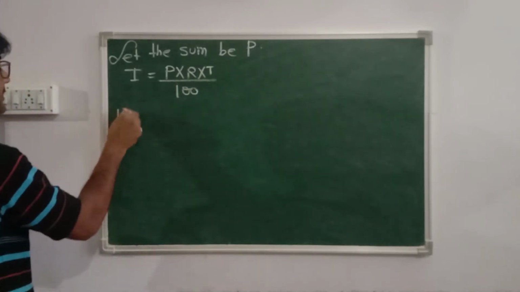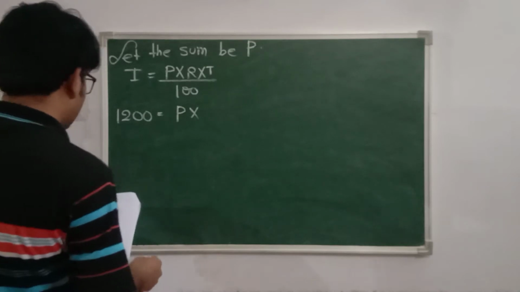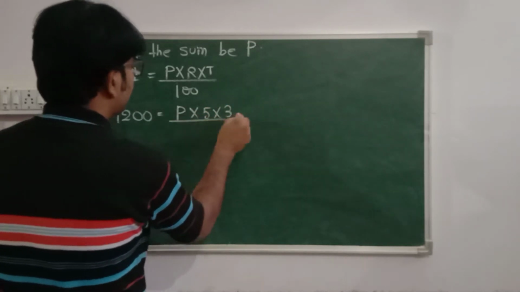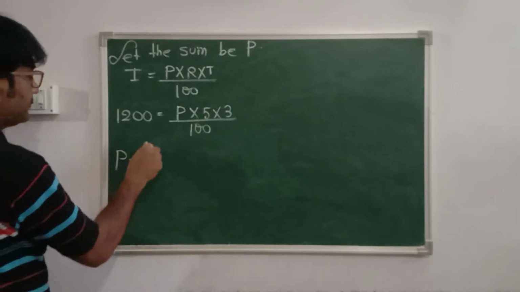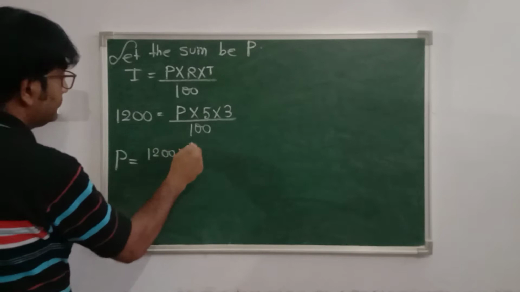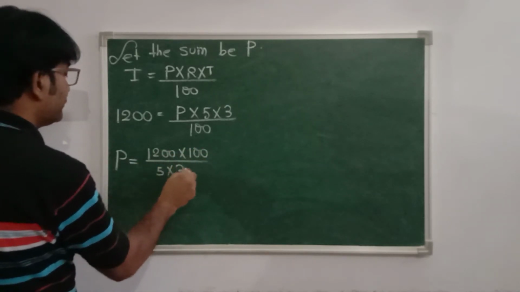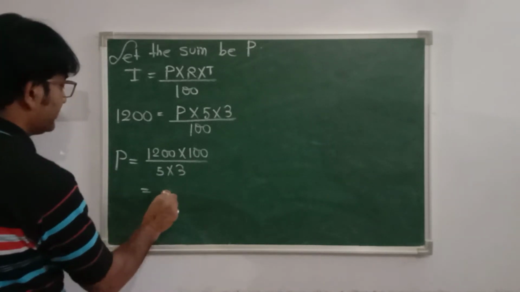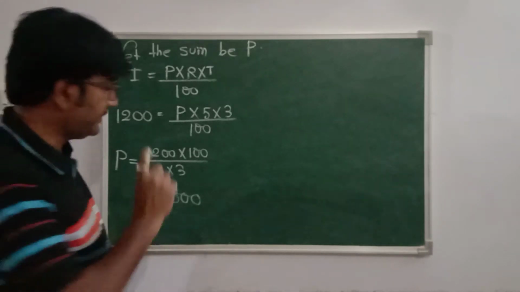Since interest is given as 1200, P is to be found. Rate of interest is given as 5% and time is 3 years. So P will be equal to 1200 into 100 divided by 5 into 3. If we calculate this, we get the value 8000. So we now get the sum equals 8000.